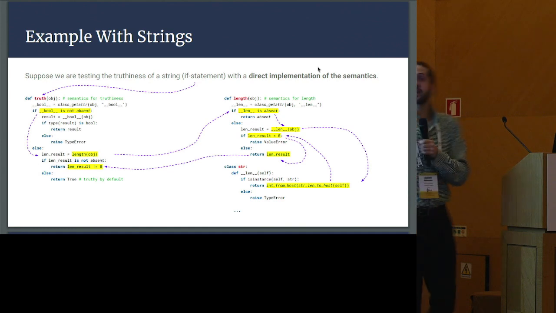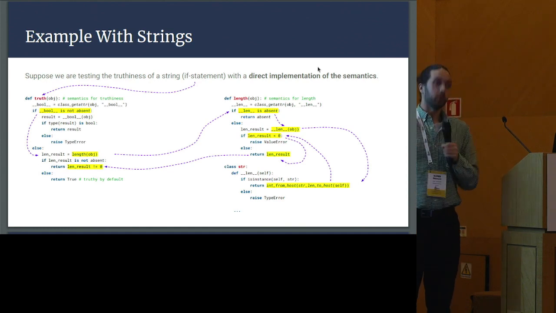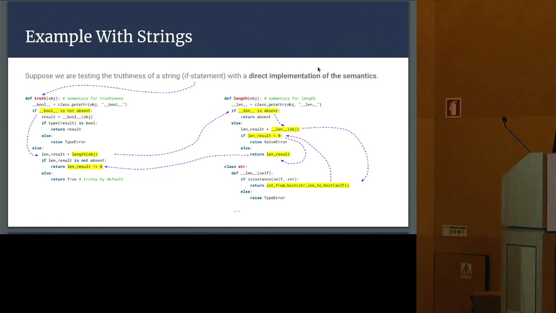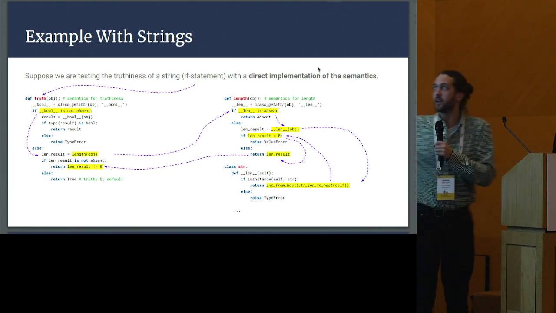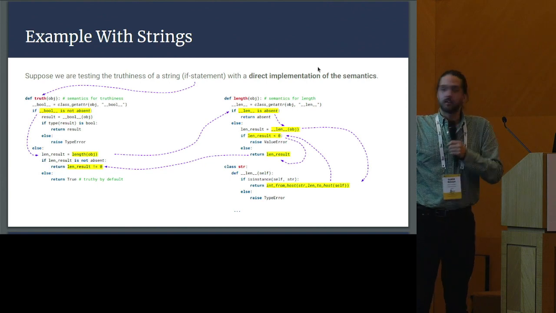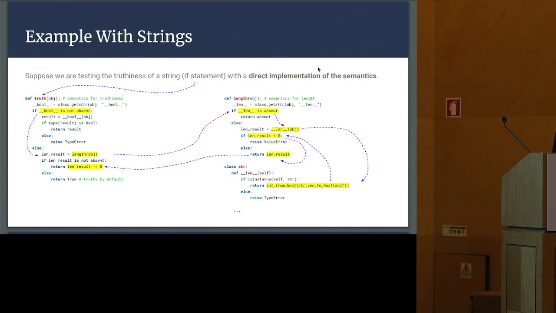The length semantics tries to get the length method, which exists on string, and tries to call it. Calling it does this here. So we have an implementation of the length method of string. It checks the type of its argument, then gets the length with a primitive which we call string length to host. Then it boxes this length into a Python integer, returns it, and compares it to 0.